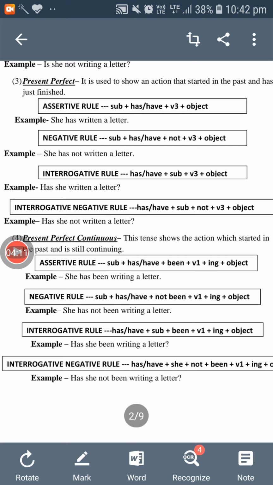The example is: she has been writing a letter. This is very important: you should remember the helping verb used here with been. Then negative sentences are made by subject plus has/have plus not been plus v1 plus ing plus object. So this is about present perfect continuous.